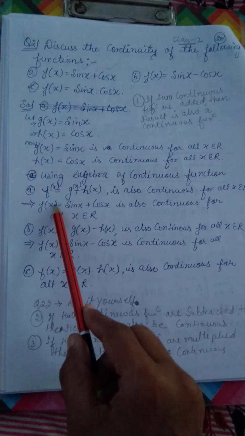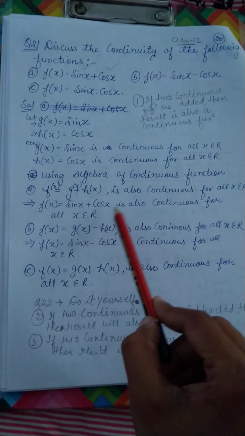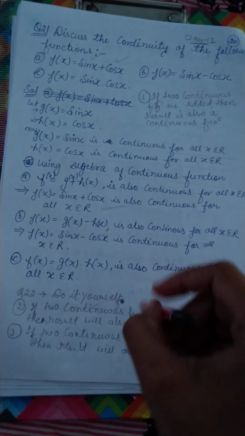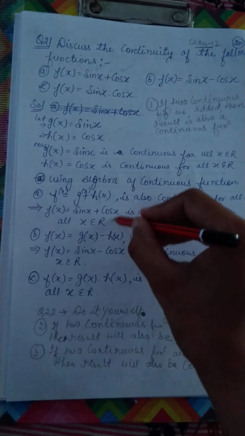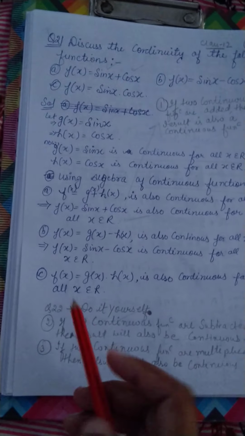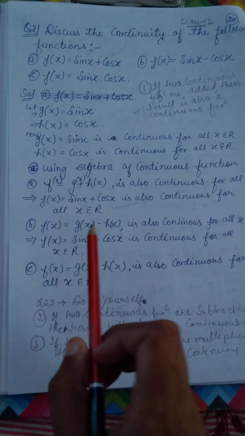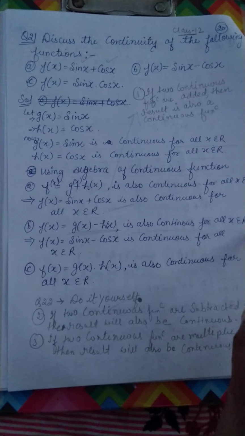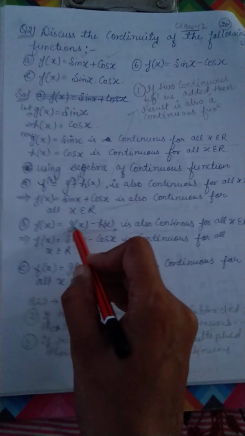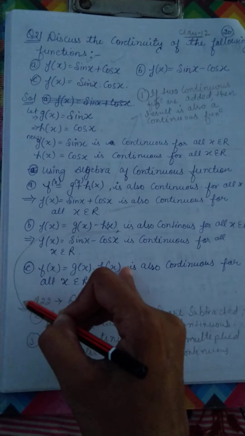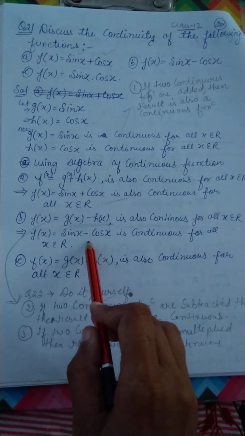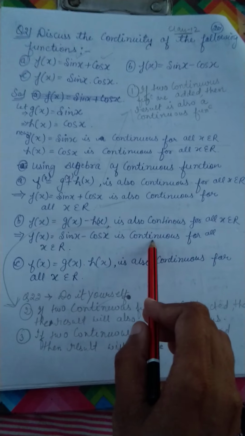Similarly बच्चे, your f(x) is equal to sin x plus cos x will also be continuous using your rule number 1. Now in the same way, the difference of g(x) and h(x) will also be continuous for x belong to R using your rule number 2. Using your rule number 2, your sin x minus cos x will also be continuous.